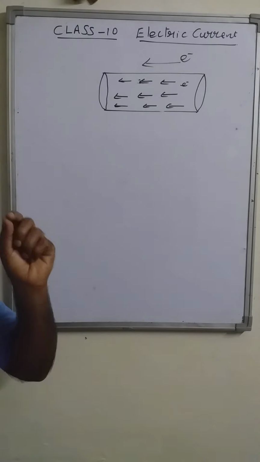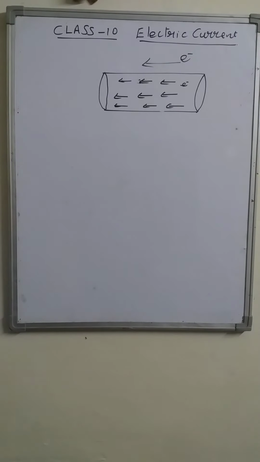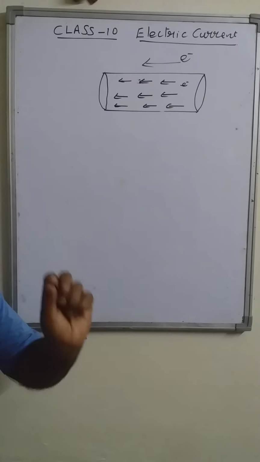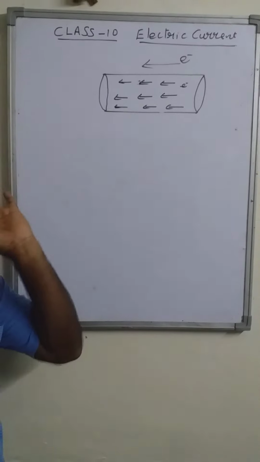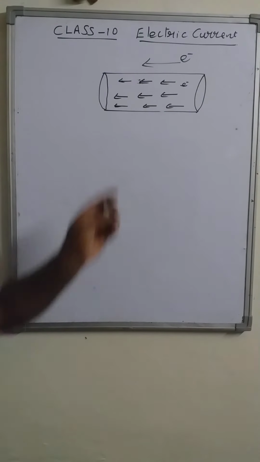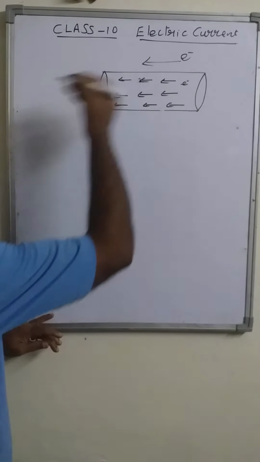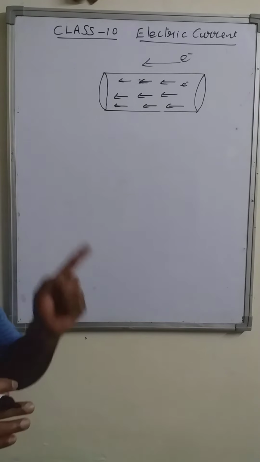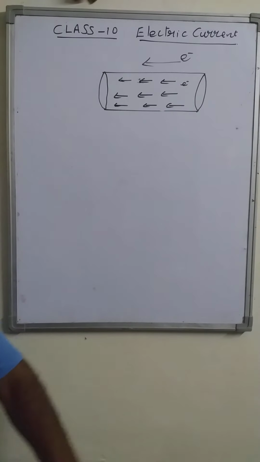But in any electrical circuit, the direction of electric current is given in the opposite direction of flow of electrons. In this conductor, the electrons are flowing from right to left. That is the actual direction of electron flow. But we always mention the direction of current as opposite to the direction of flow of electrons.